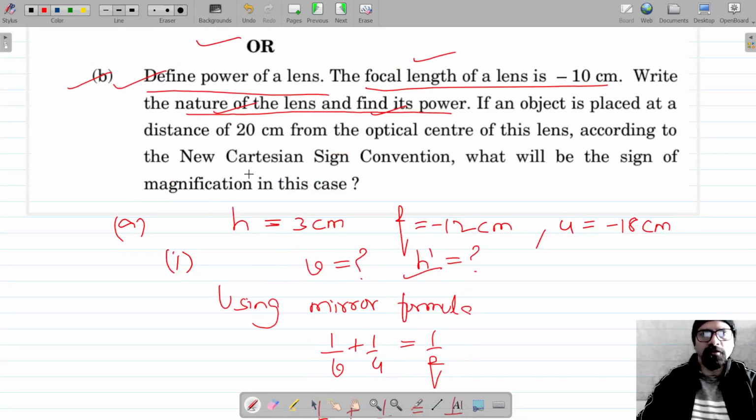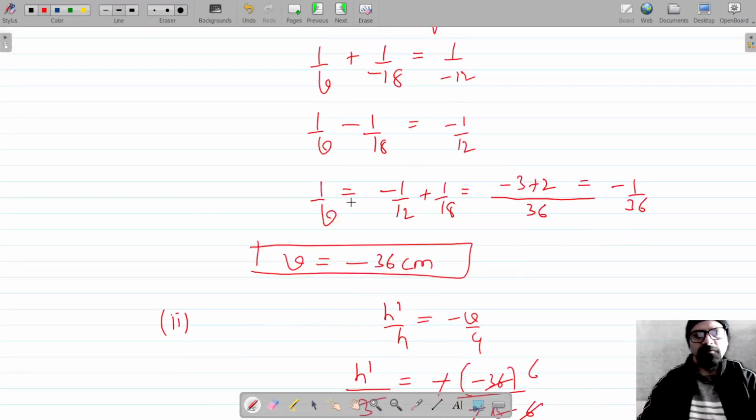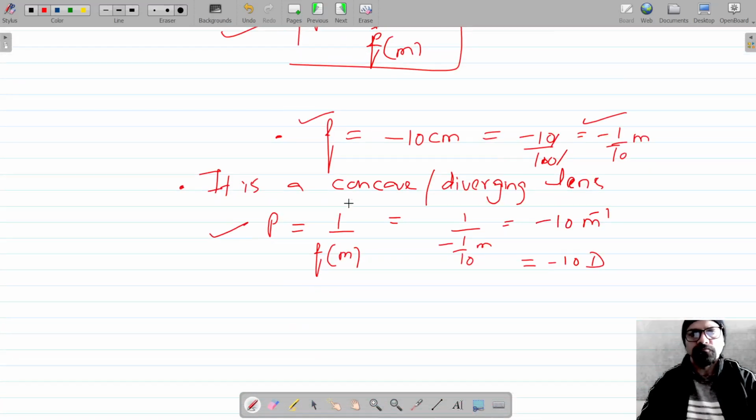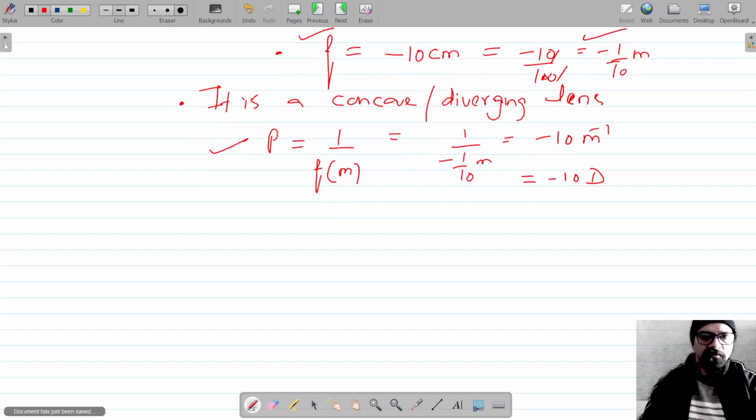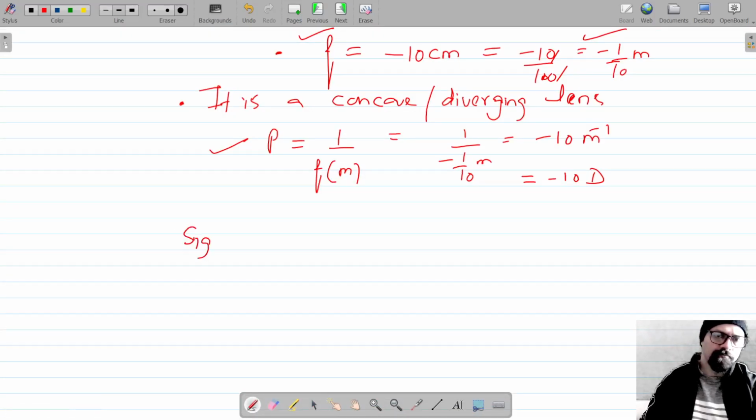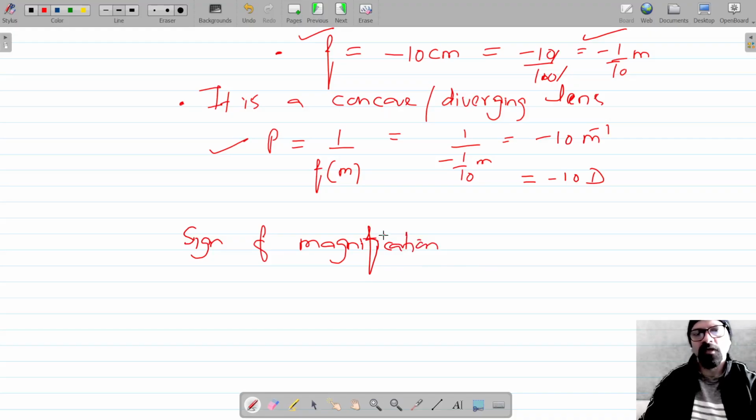Okay. According to the new sign convention, what will be the sign of magnification in this case? The sign of magnification will be positive.